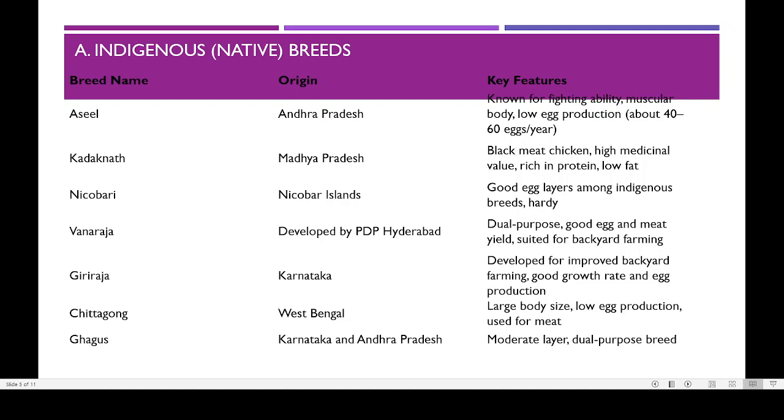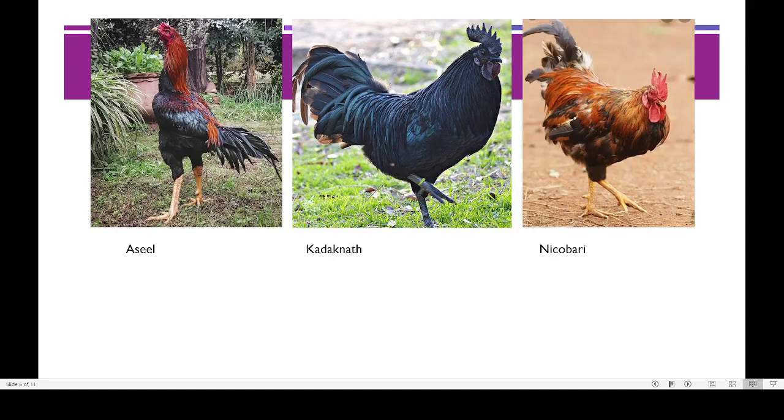Here you can find examples of around seven different breeds of poultry, mainly native breeds. Native breeds mean they are not introduced into that state from anywhere. They are naturally there. For example, if you go to Andhra Pradesh, they have a breed known as Asil. This is the Asil breed, and if you look at the picture, we may not see much difference.